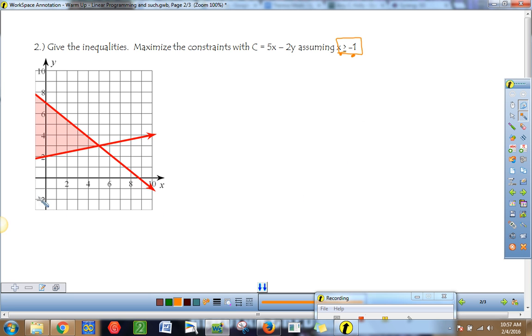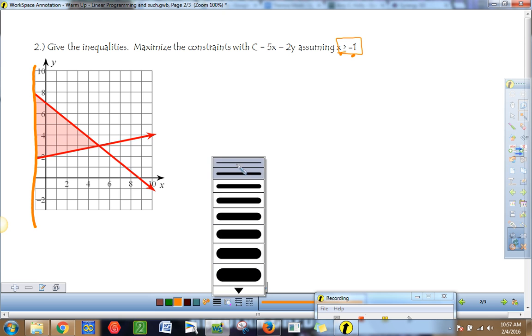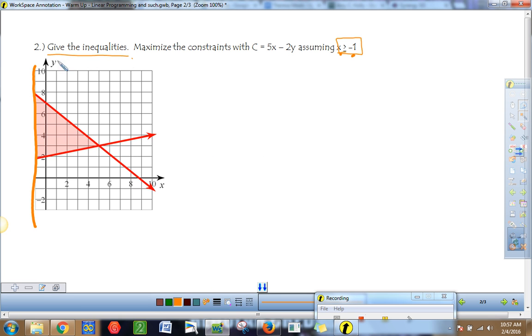You're crossing the x-axis at -1. Just like that. Okay? So when it asks you to give the inequalities, well, they've already given you one of them. And which way is going to be shaded for this? To the right. Where are your x values, so you're looking at your x-axis, bigger than -1. They're bigger this way, right? That's because it's shaded over here.